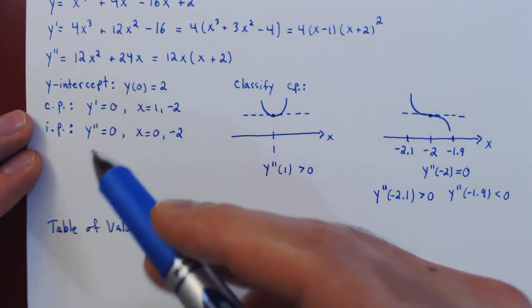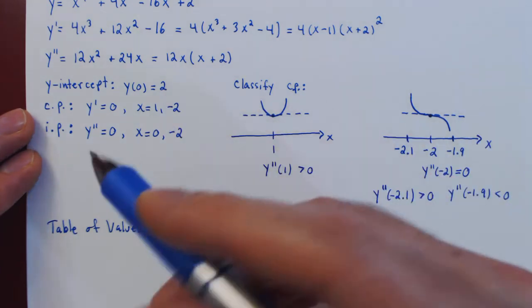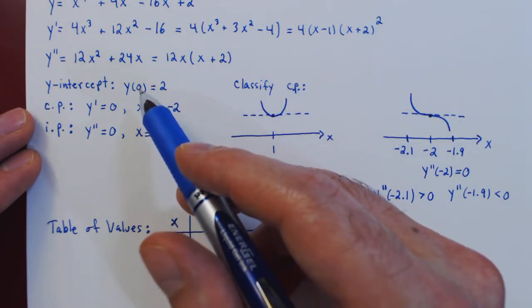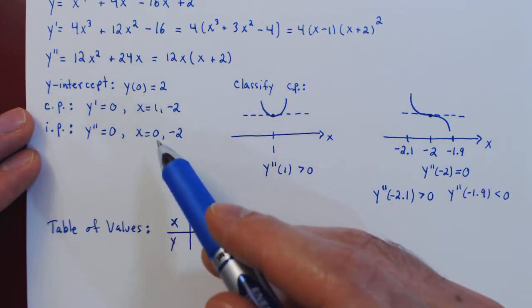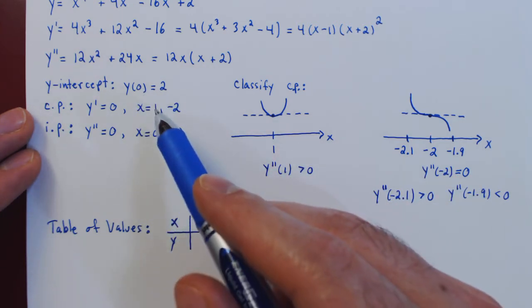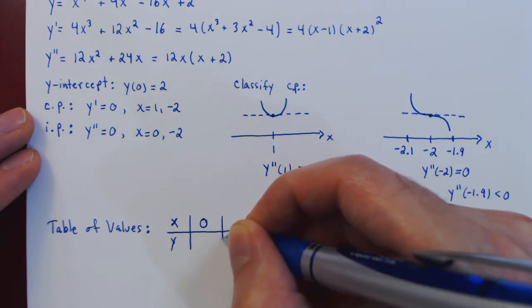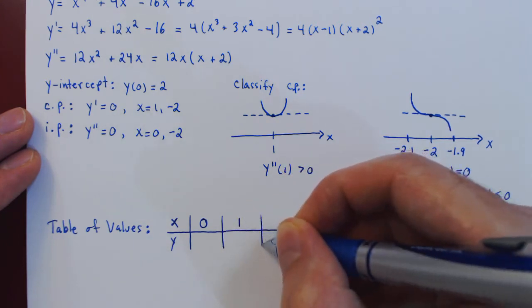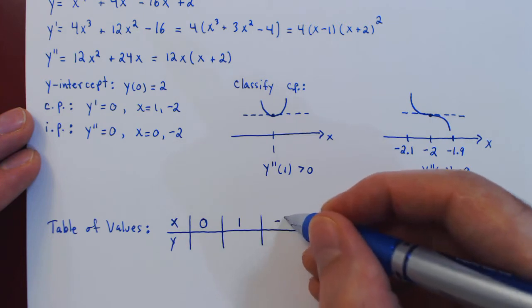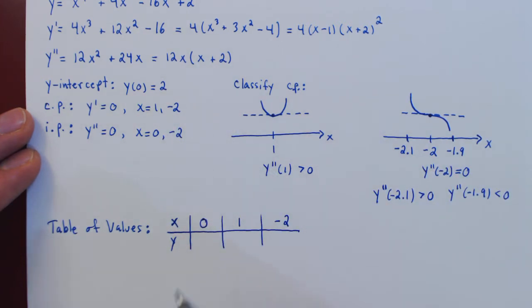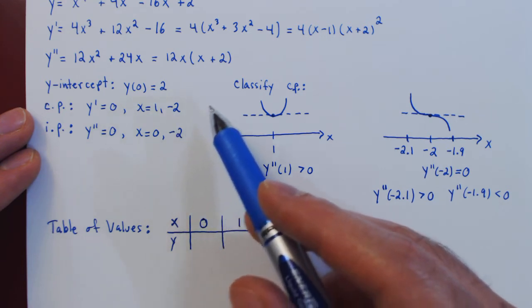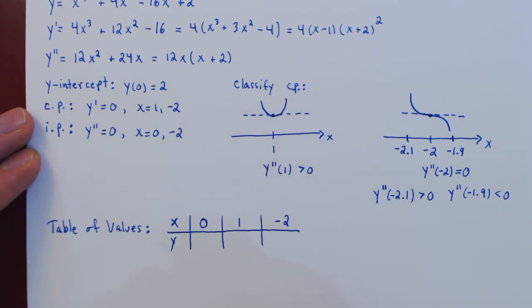There were no easy zeros to be found, so we gave up on those. We have the y-intercept, of course, when x is 0. Then we have x equals 1 as a critical point, then x equals negative 2 as the other critical point, and 0 was also a possible inflection point, we already have it, and negative 2 was also a possible inflection point, and we already have it. So we only need to find 3 distinct y values.